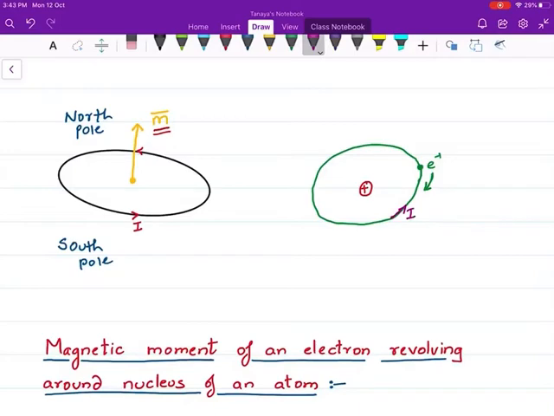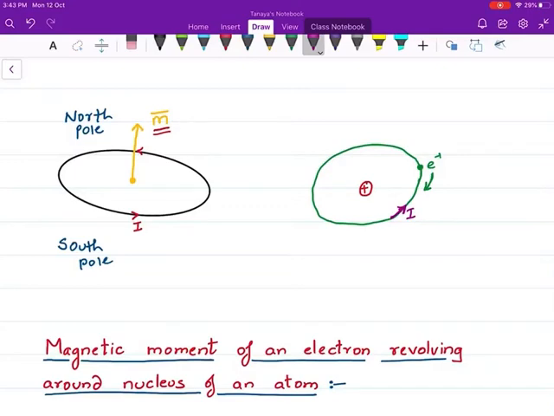The direction of current is anti-clockwise. Because the conventional current is the motion in which the positive charges are going to move, right? Electron is a negatively charged particle. So if electrons are moving in clockwise direction, the current is said to be moving in the anti-clockwise direction.